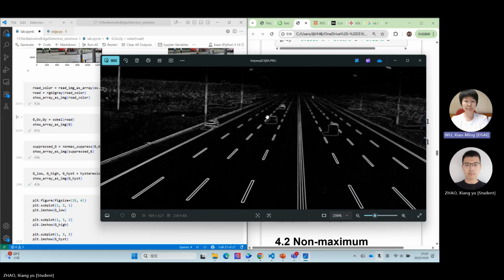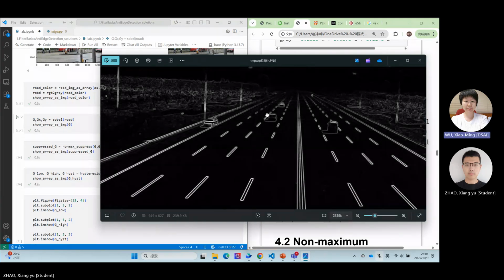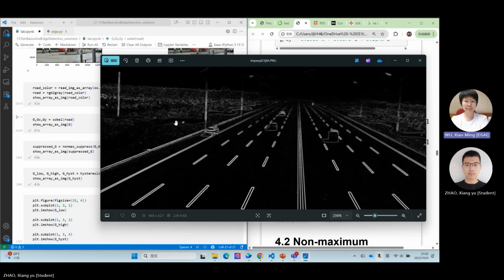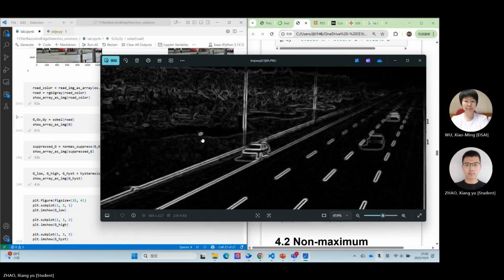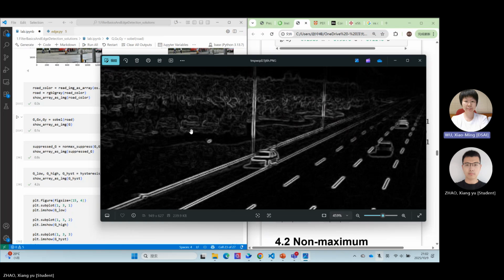You can find that you can get approximately the edges of the road image, but there are a lot of noises.